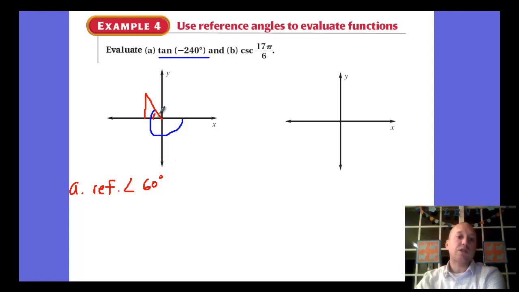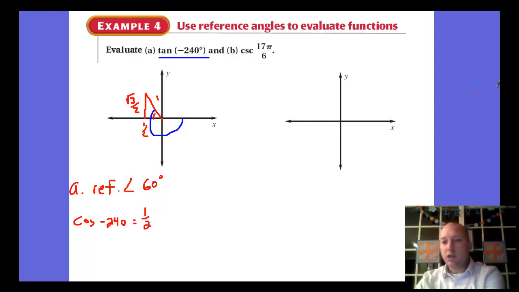So now we know that's a 60-degree angle, so I know that this is going to be the long side, square root of 3 over 2. This is 1/2, and this is 1 for the unit circle. So now I know that cosine of negative 240 is the same as the cosine of 60, and cosine is the x value, 1/2.